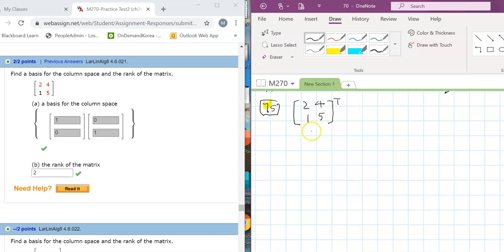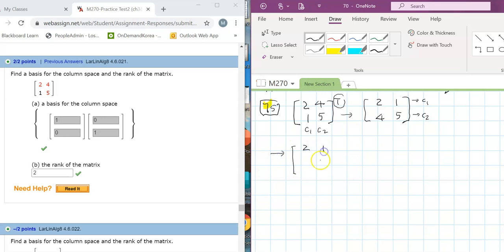So this is column 1 and column 2 now becomes row 1 and row 2. Okay. So now this is our column 1. This is our column 2 because I did transpose. So now the row operation.